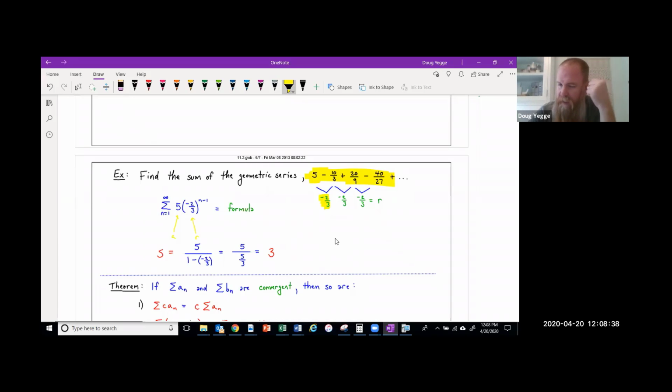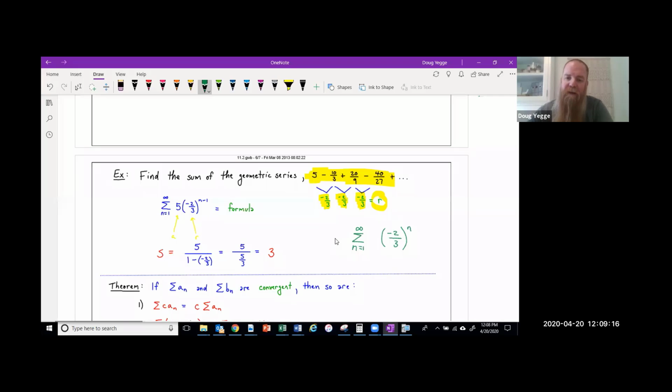Now that starts to indicate that maybe this is a geometric series, but it's only a geometric series if I can keep multiplying by the same exact number to get to the next terms in the sequence. And sure enough, if I multiply each of those terms by -2/3, I get a fixed R value, a fixed common ratio. So the first thing that I would do here is I would say, well, I think that this is then the sum from n equals 1 to infinity of -2/3 to the n.